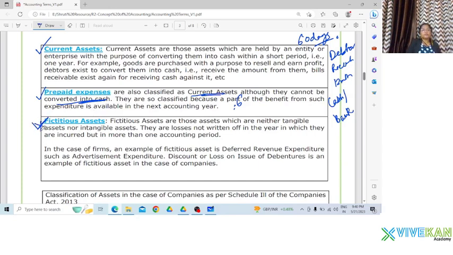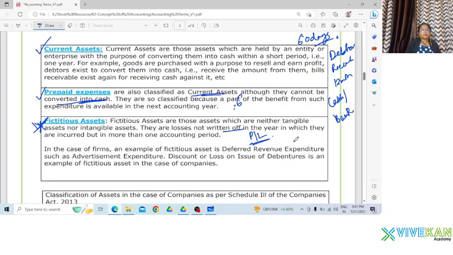Now, this is some special term, fictitious asset. Let me tell you, this is not very frequently used nowadays. But I'll explain what a fictitious asset is. Suppose you have been running into losses and you have accumulated a lot of losses. If you hit the P&L in that year only, that will impact your P&L.